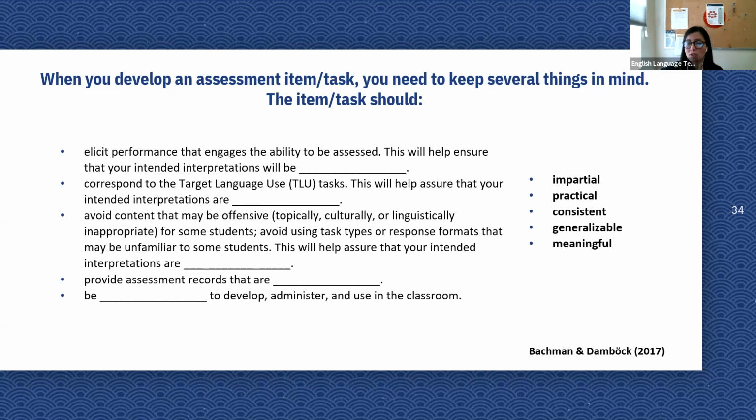So I have another point to make here in terms of the quality of this question. Do you see that 1, 2, 3 have a different format than 4 and 5? So I have 1, 2, 3: this will help ensure blah, blah, blah. This will help assure blah, blah, blah. This will help assure blah, blah, blah.